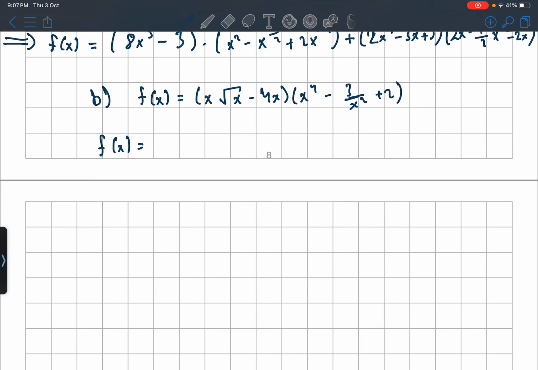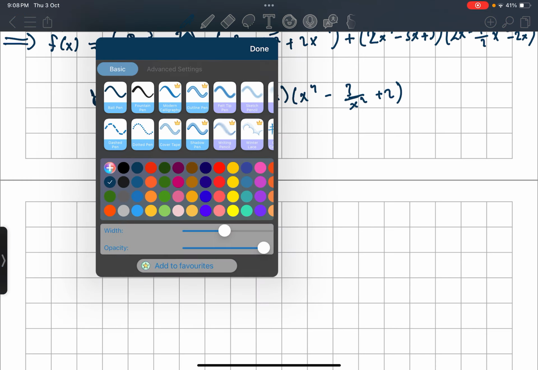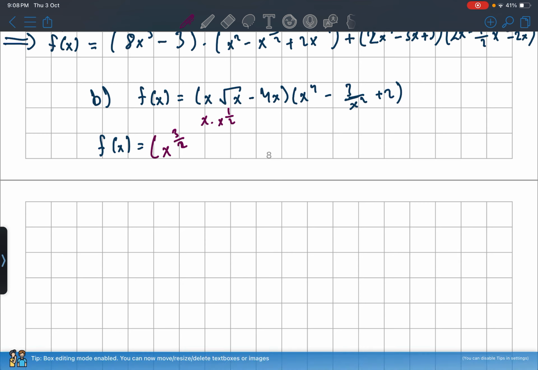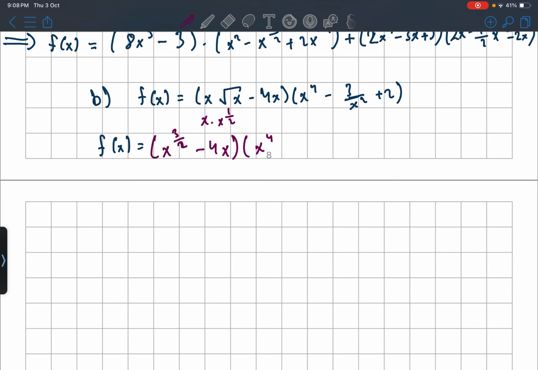It will be x times x power of 1 over 2, so it will be x power of 3 over 2 minus 4x, and we have here x power of 4 minus 3x power of negative 2 plus 2.